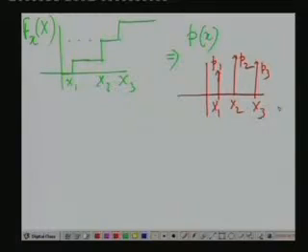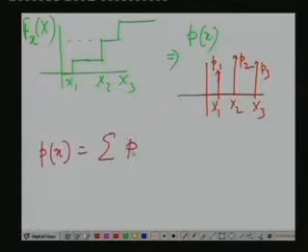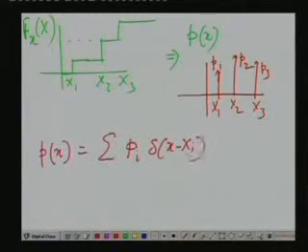So that means we can write in general Px is nothing but summation of Pi delta x minus xi, and this is over some i. And what is Pi?